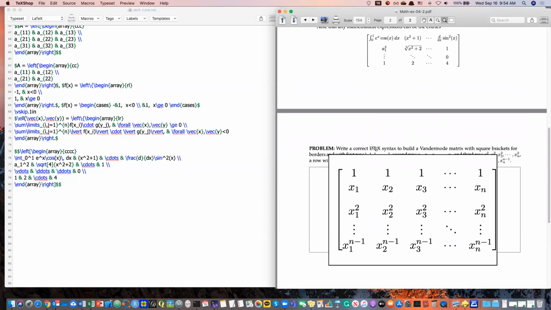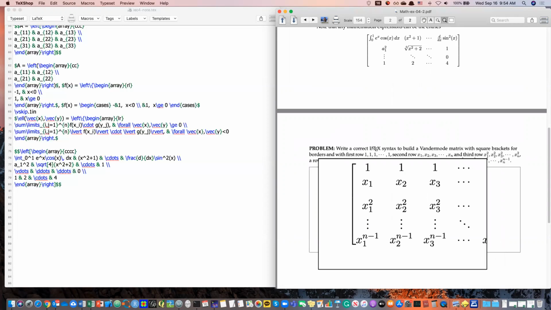Can you see that one? Look at the first column: 1, x1, x1 squared, x1 third power, x1 fourth power. So this kind of matrix is called the Vandermonde matrix.